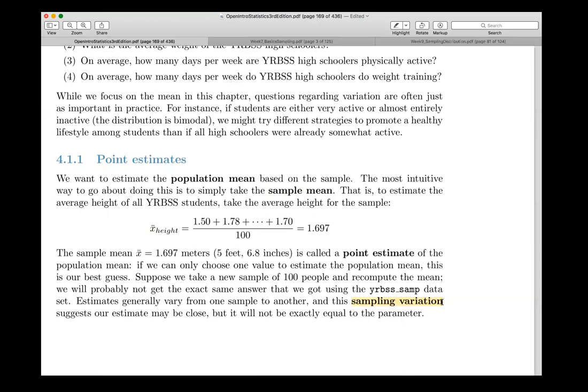Well, what do we do about this? I have a point estimate, you have a point estimate. Let's assume that 10 of us have point estimates.